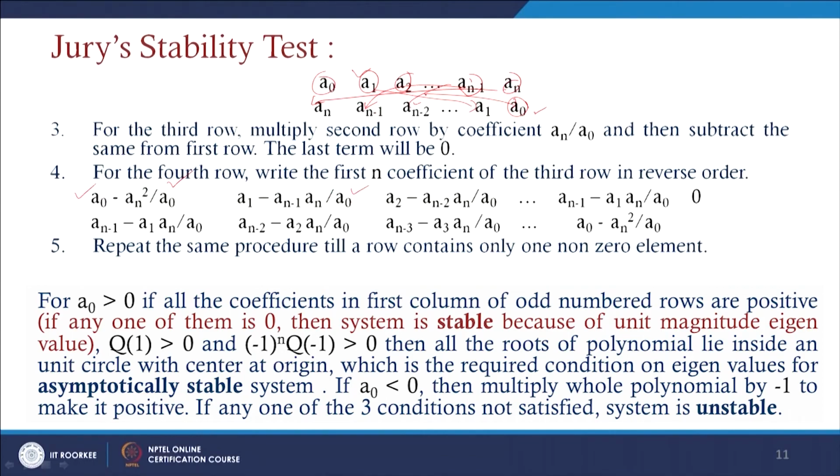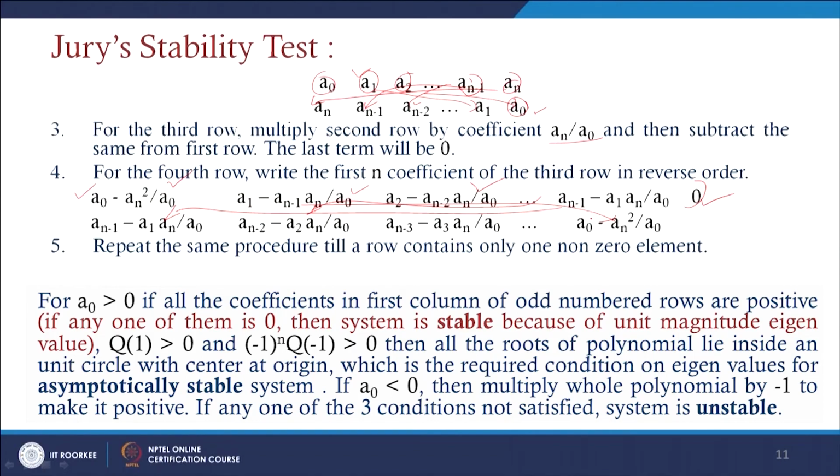Third element will be a2 minus an minus 2 into an by a0, and the last element, an minus a0 into an by a0, so a0 is cancelled, so an minus an gives you 0 value there. If you write in reverse form except the 0 element, the last element goes up to a0 minus an square by a0.